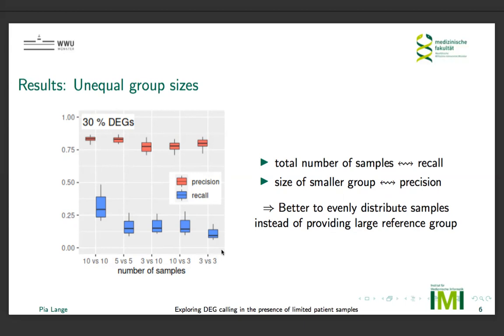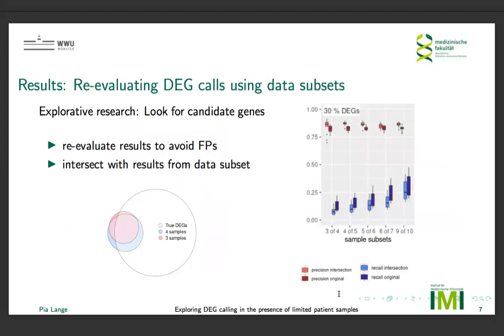Now we assumed that for one of the groups, samples are easier to acquire, so we increased one of the groups size to 10. This only moderately increased recall and did not increase precision at all. If we instead increase both groups to 5 samples, we have a similar increase in recall and a larger increase of precision. Therefore, it might be better to evenly distribute the samples.